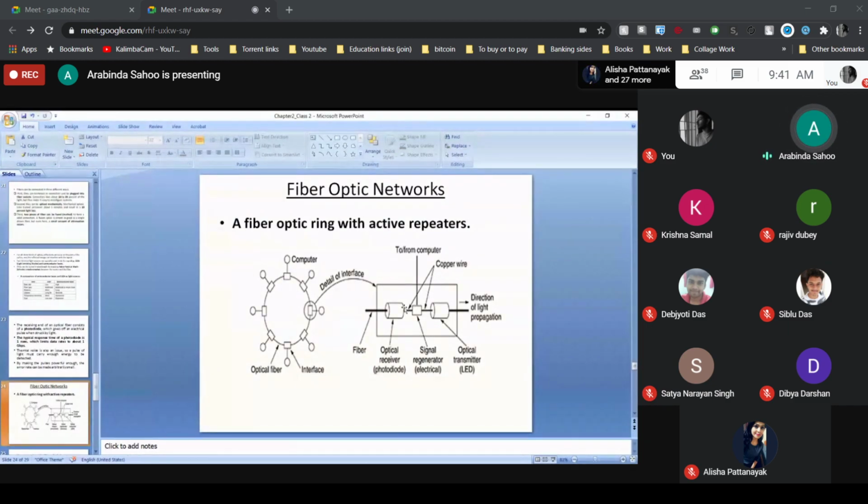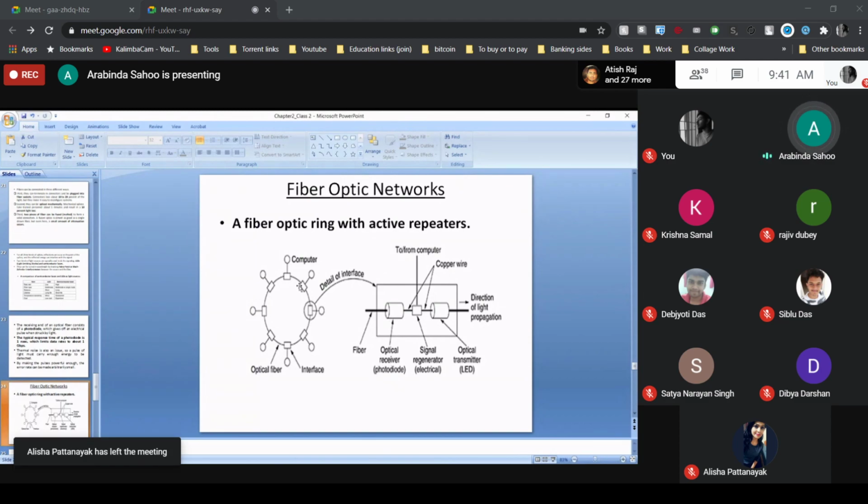So what are the basic components associated with your interface? In a fiber optic network, the connection is always established between your computer and the network through this interface. First, it consists of an optical receiver, or photodiode.